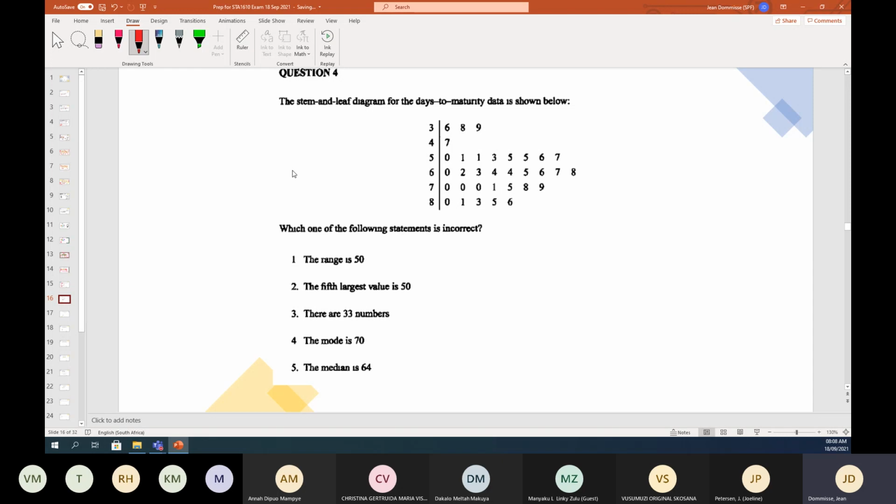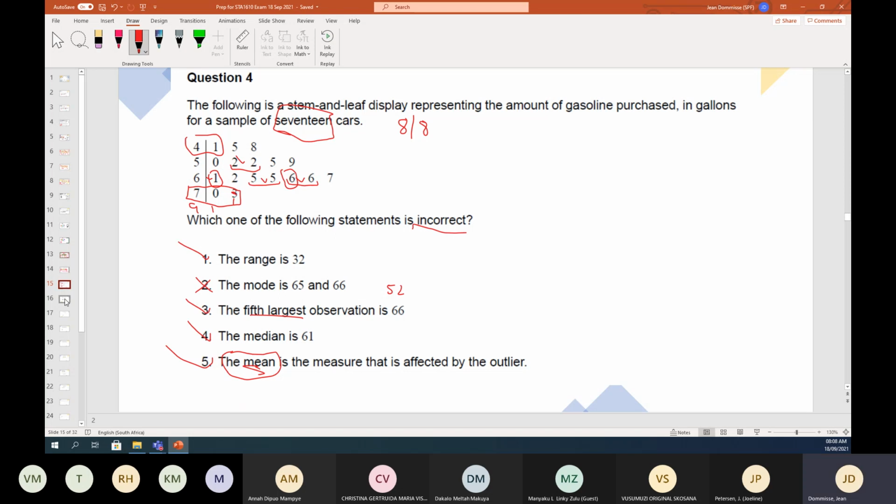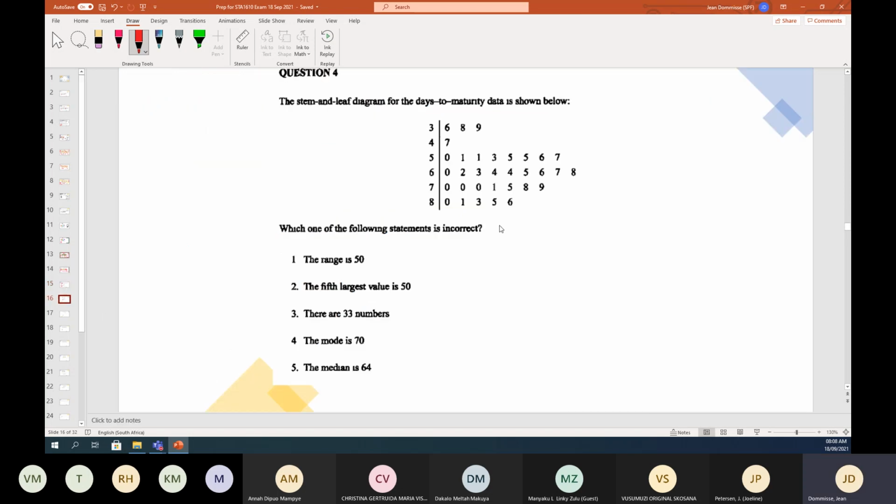Again, this is a different data set. You can see it's a lot of data points, about 20 data points. They will not ask you, on a stem and leaf with this much data, to do standard deviation or variance or those kinds of things.